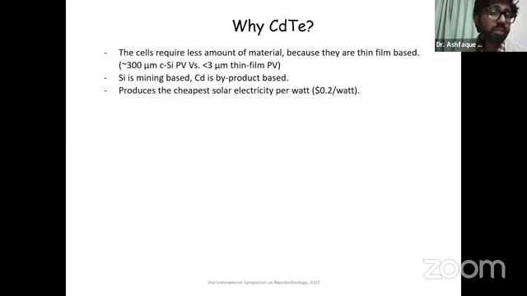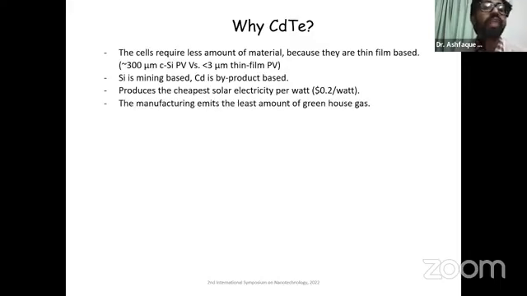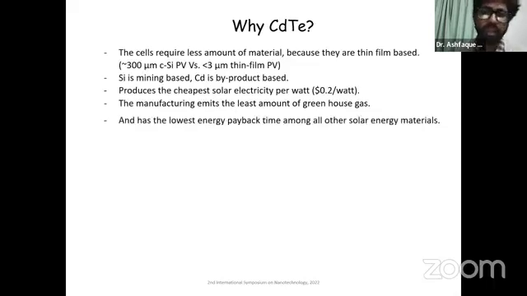Cadmium telluride produces the cheapest solar electricity per watt. So far, that is the world record for any solar cells out in the market. It produces the cheapest electricity per watt. And the manufacturing emits the least amount of greenhouse gas. And at the same time, the payback time is also very less.